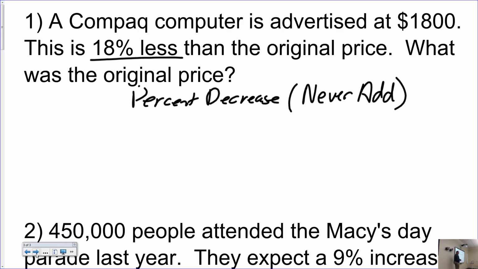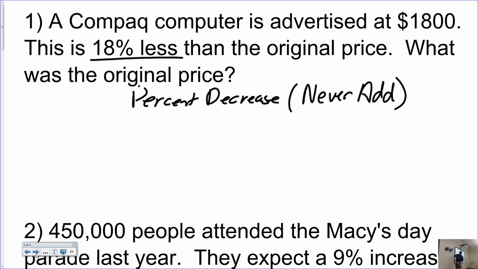Because it's been discounted down to this $1,800. Do not let the comparison of the number trick you into thinking that this is a percentage increase problem. That is the classic mistake that students make. They'll say, oh, this is a percentage increase, I need to get a bigger number, take 18% of 1,800 and add. Nope. That never works.